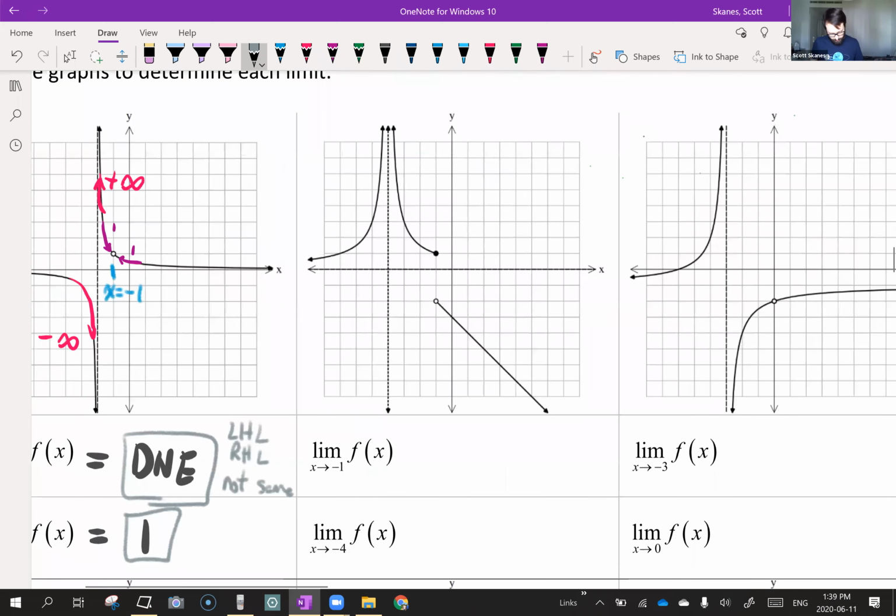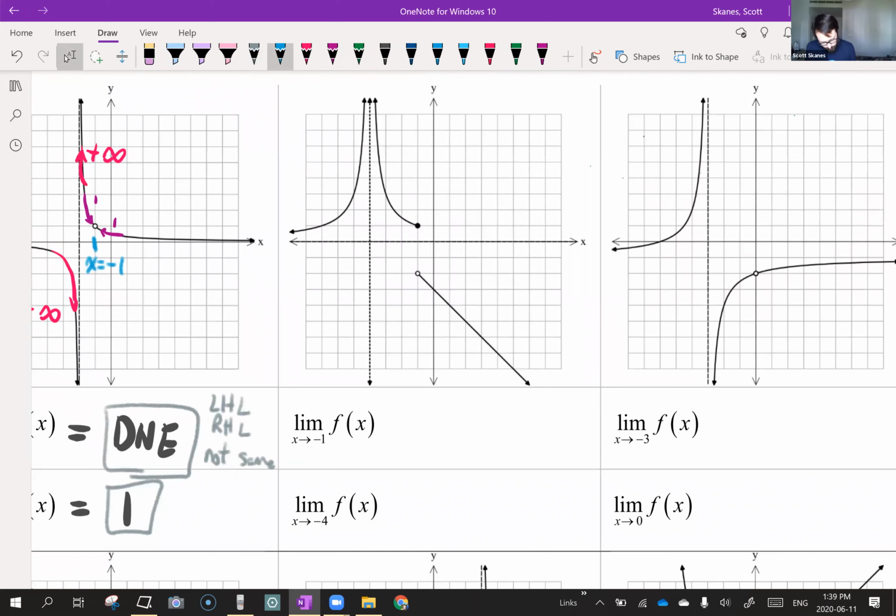Let's look at this next one. The limit as x approaches -1. This was like your assignment question. From the left side, it says it's 1. From the right side, it says it's -2. They're not the same. Does not exist.